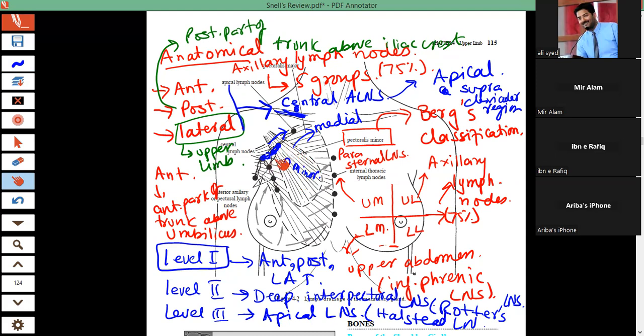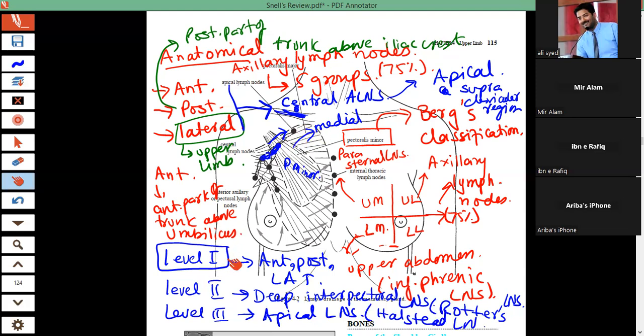If the lymph nodes are lateral to pectoralis minor muscle, level 1 lymph nodes. If the lymph nodes are present behind the pectoralis minor muscle or in between the pectoral muscles, it is known as level 2 lymph nodes. If present medial to pectoralis minor muscle, it is known as level 3 lymph nodes.